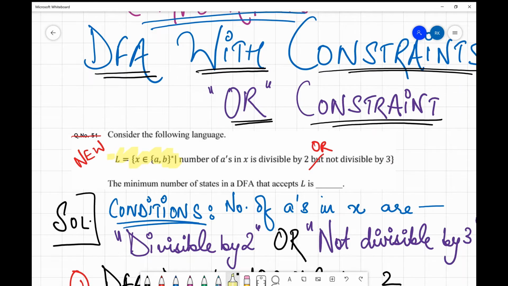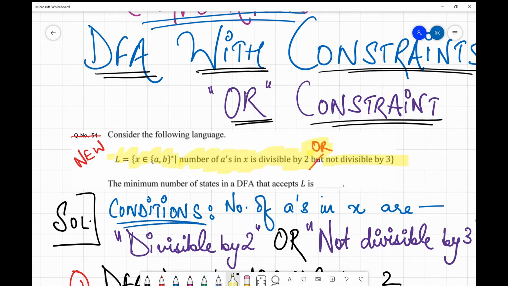So X is a string with alphabets A and B, such that the number of A's in X is divisible by 2 but not divisible by 3 was in the original question. I have changed it to the number of A's in X is divisible by 2 or not divisible by 3.